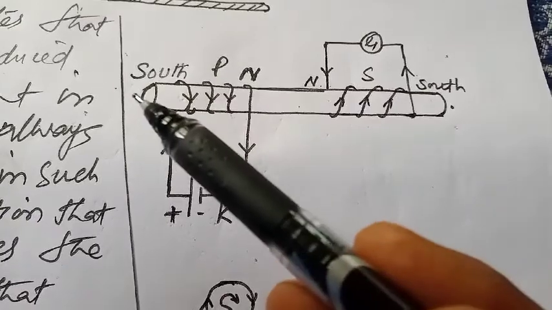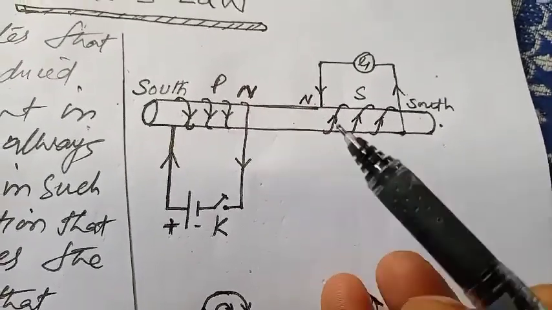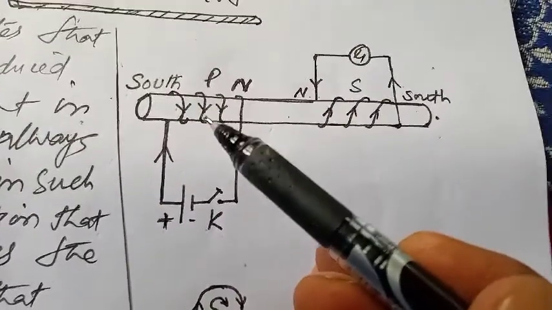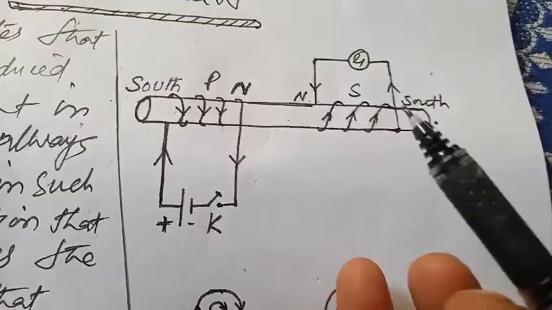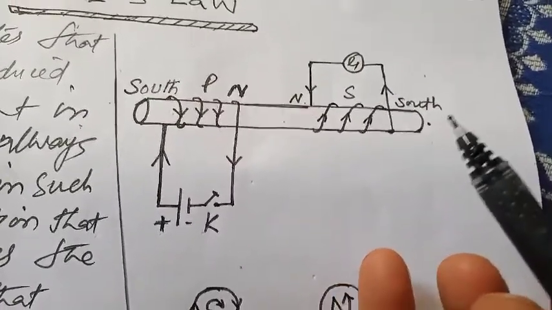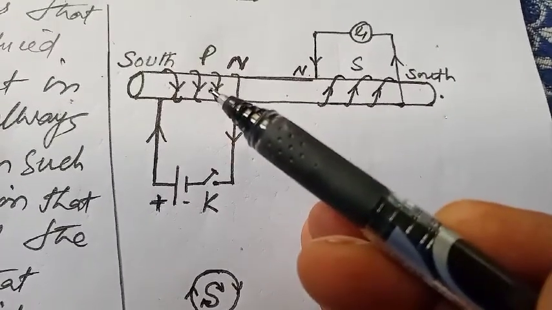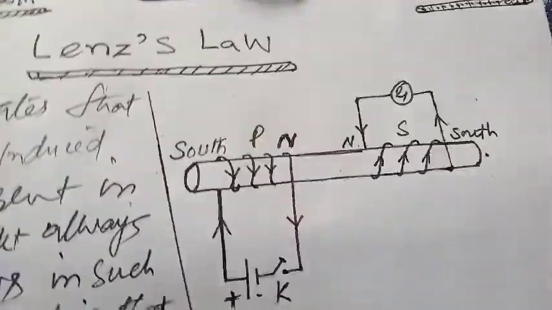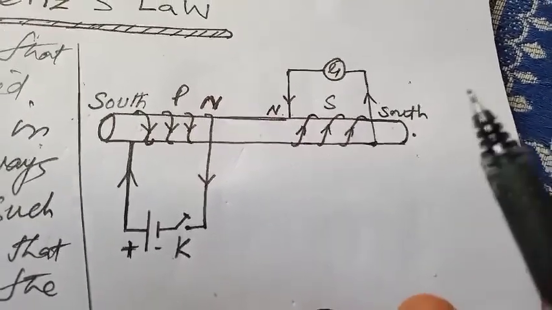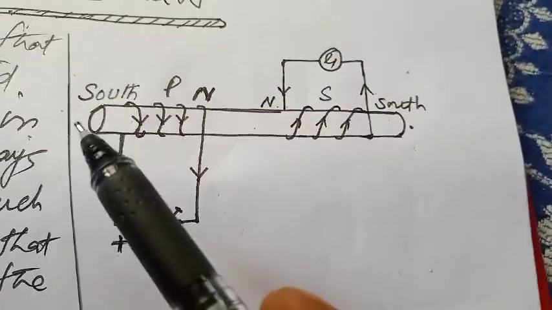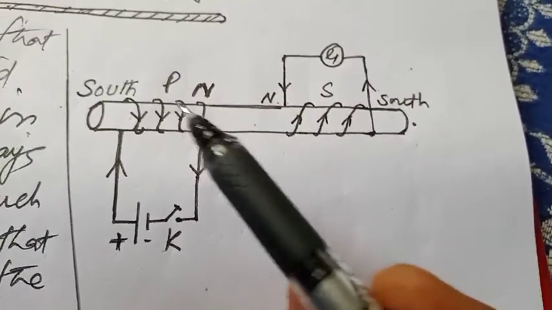As the magnetic field flows from left to right here, if the induced current has to oppose this change in the magnetic flux, then the magnetic field in the secondary coil produced by the induced current must flow from right to left. Only then will it oppose its cause.